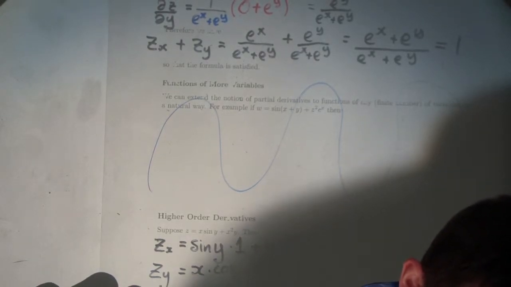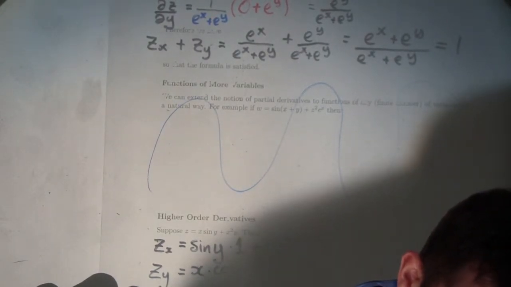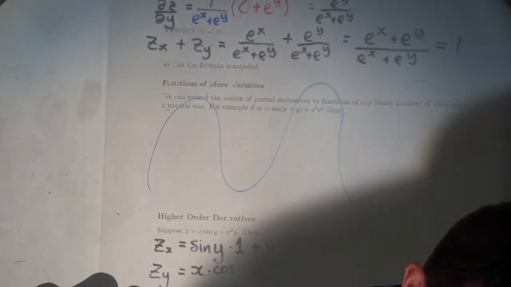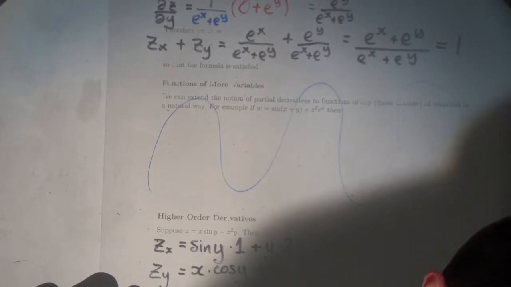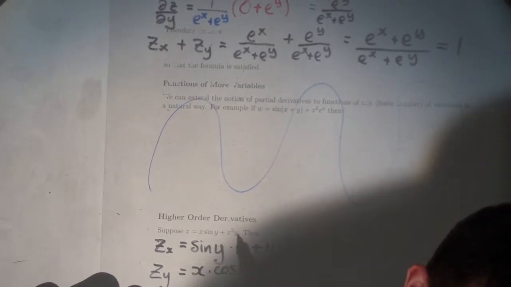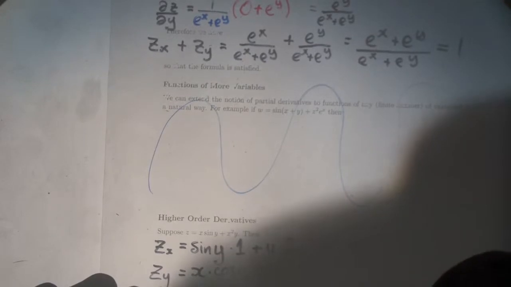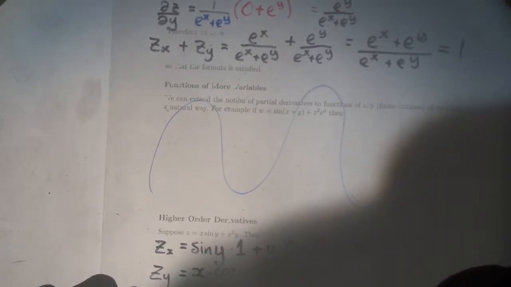Plus y. Any constants about in the second term? X squared. Everything that isn't y is a constant. X isn't y, so x squared is a constant. What is the derivative of y with respect to y? 1. So we have x cos y plus x squared.